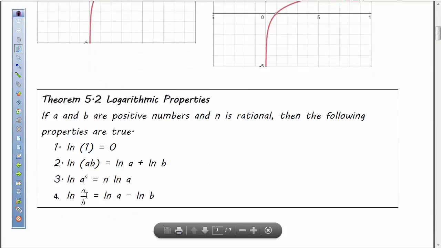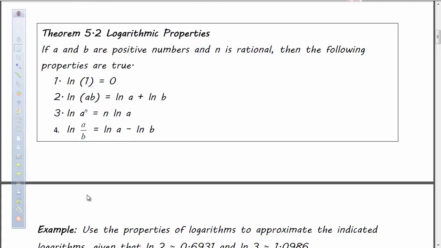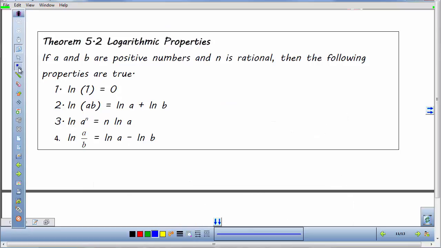All right, so some log properties. Again, all of this is just a review of algebra, but the natural log of 1 is 0. When we talk about logs, just as a reminder, for natural log, the base is what? Not 10. e, very good. So when I say natural log of 1 is 0, what I'm asking is, what is it that I raise e to get 1?